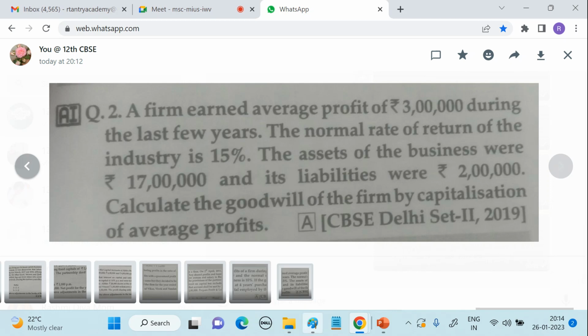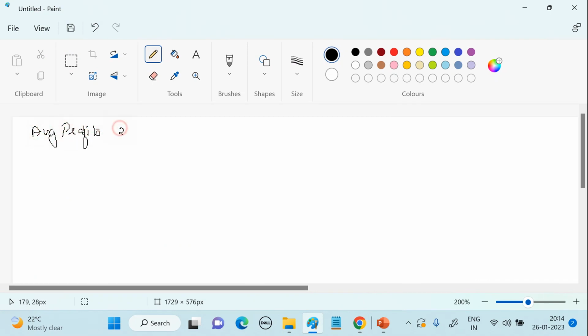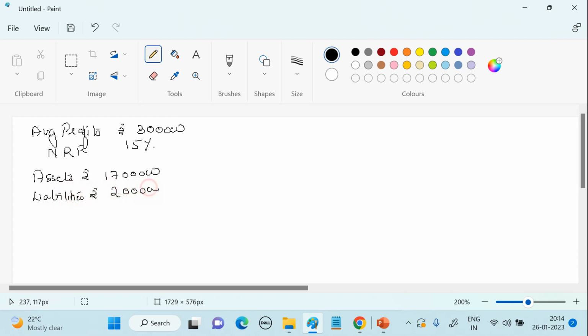Yes. Okay. So let's do this question then. We'll write down the details. They have given the average profits of last few years is rupees 3 lakhs. Then they've given the normal rate of return is 15%. The assets of the business was 17 lakhs and the liabilities was rupees 2 lakhs.